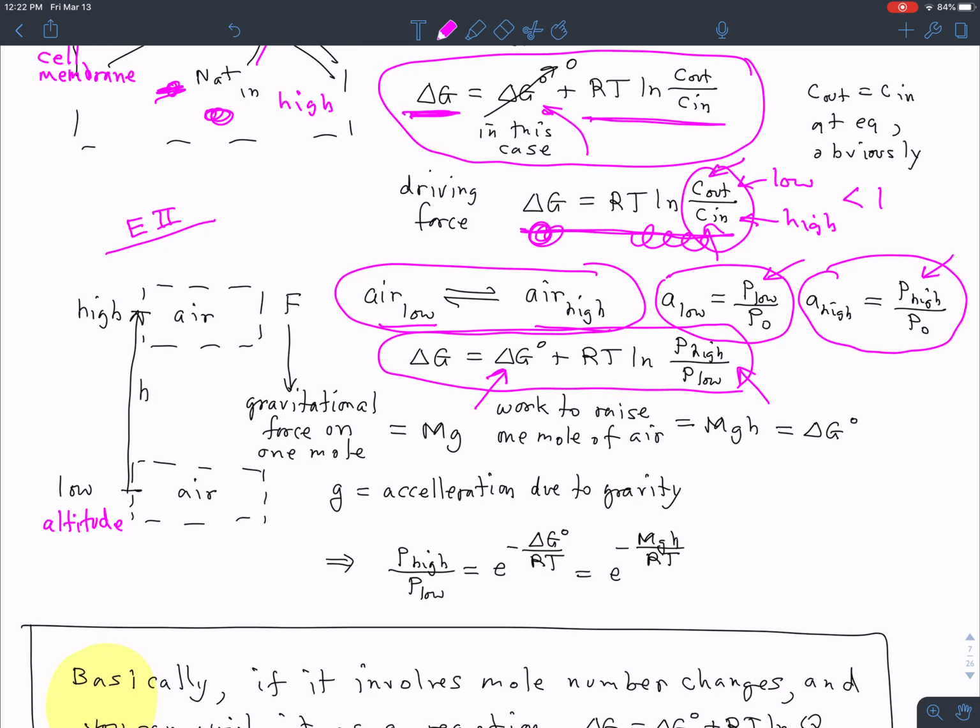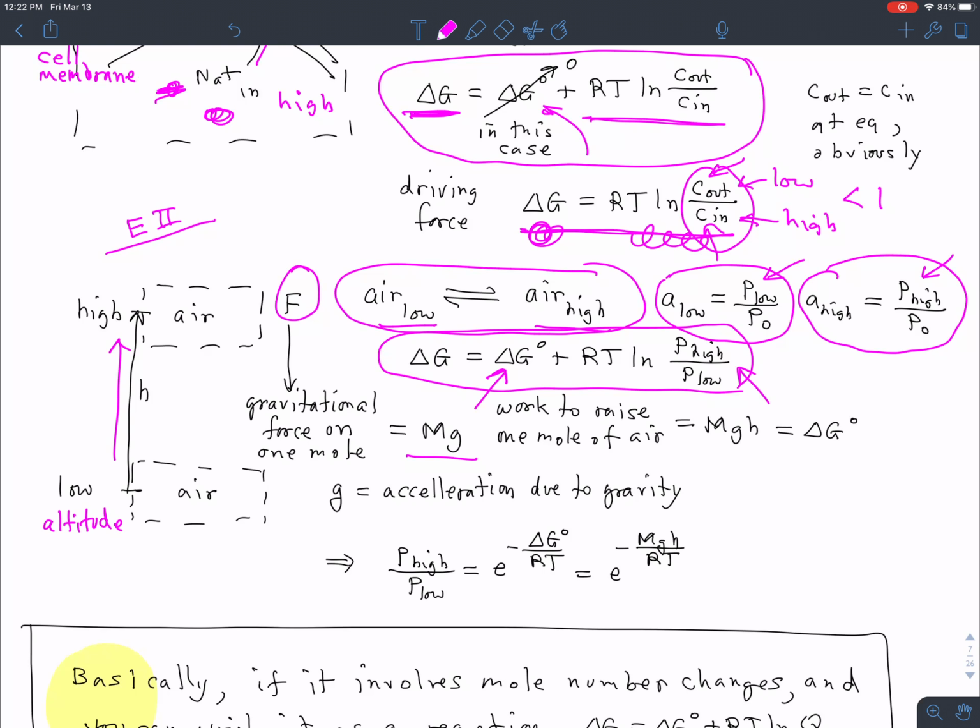Delta G in this case, remember that any free energy change is the work that you did in order to bring about that change. And in this case, the work that you do is gravitational work. There's a gravitational force that's equal to mg acting on the air as you move it from below to above.